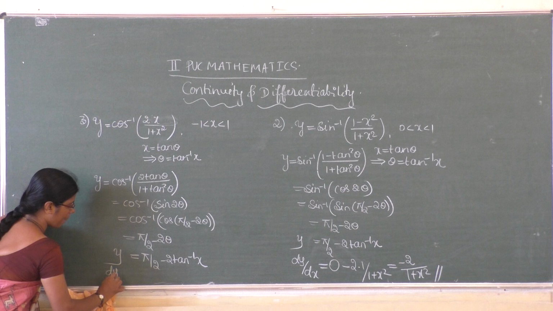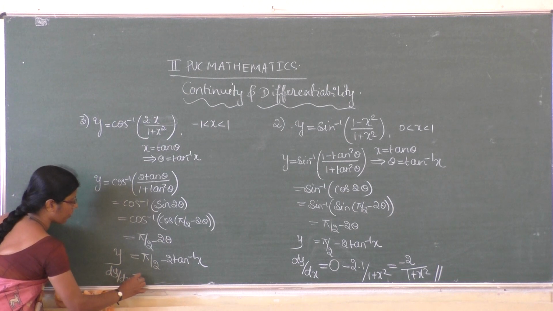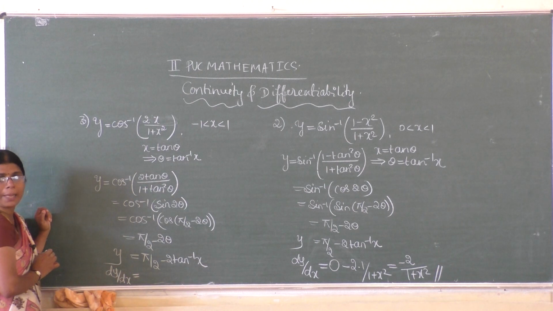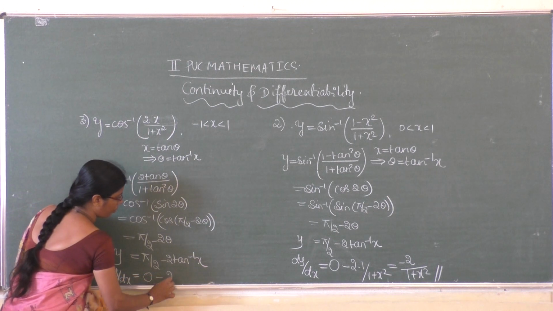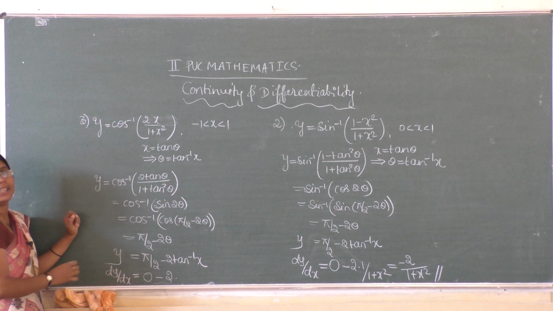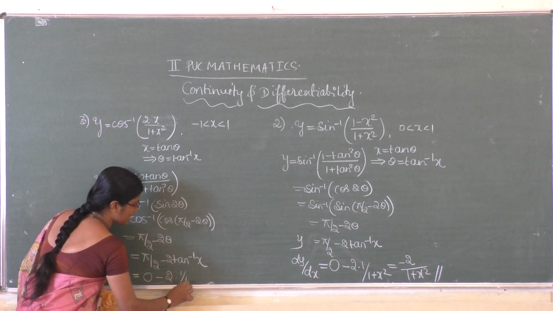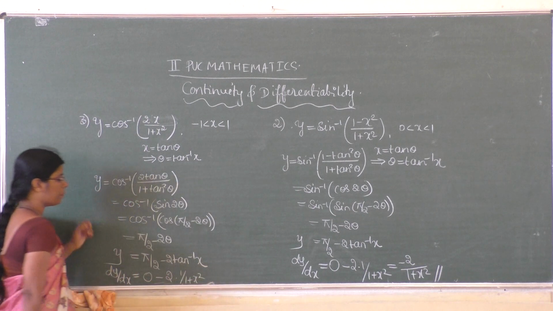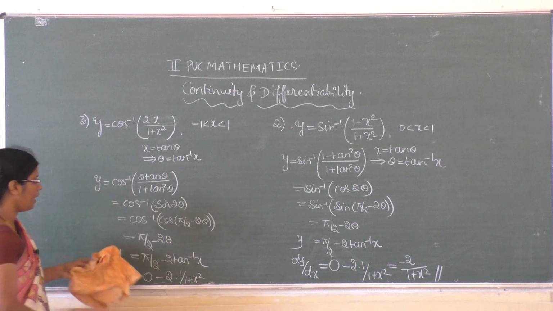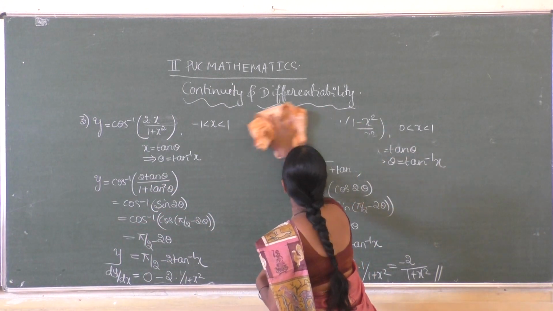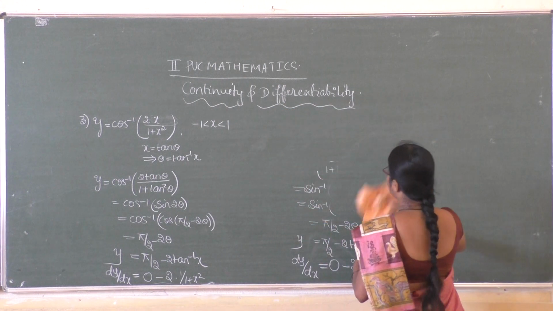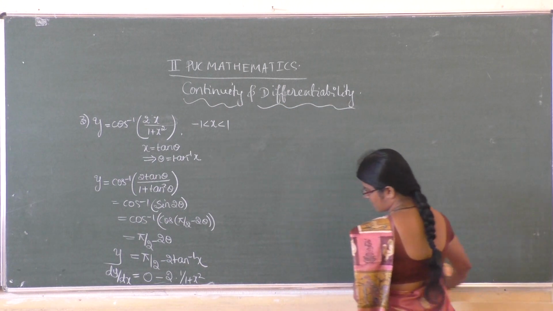Okay, so y equal to this much. Therefore dy by dx is equal to the derivative of pi by 2, that is 0, minus 2, constant kept as it is, times the derivative of tan inverse x, which is 1 by 1 plus x square. So dy by dx equals minus 2 by 1 plus x square.